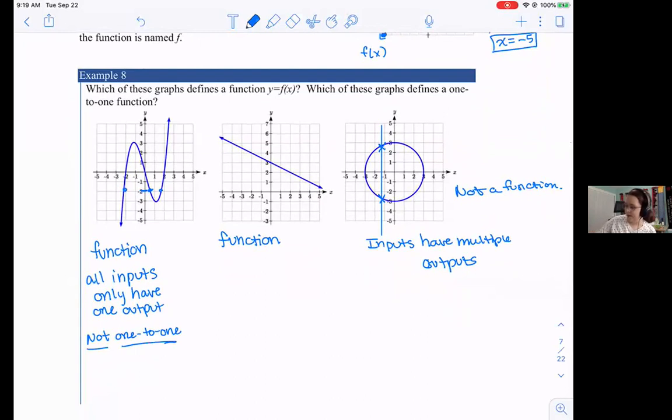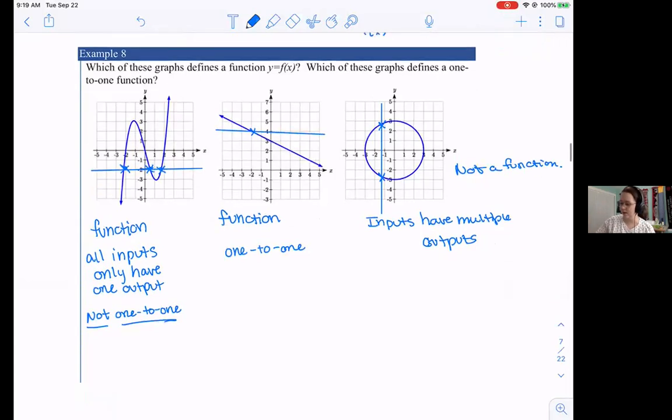This one, however, is one-to-one because it does pass what we call the horizontal line test. So a horizontal line test, I draw a horizontal line through my function, and if it crosses more than once, it's not one-to-one, but if it only crosses once, it is one-to-one.